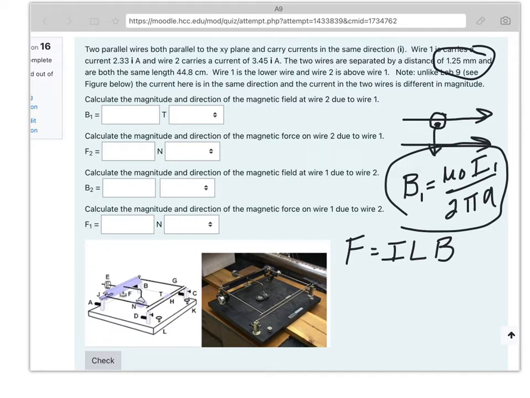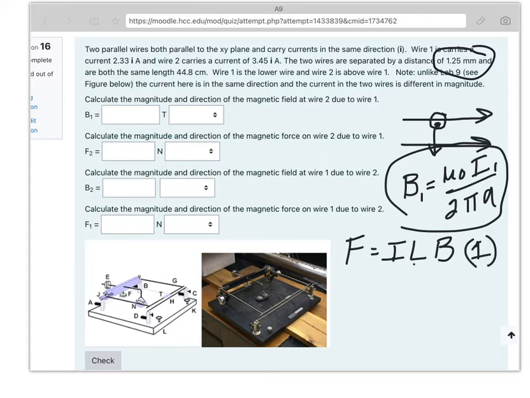This makes sense, right? In lab, the currents were in opposite directions, and the wires moved away from each other. So if the currents are in the same direction, the wire is going to move towards the other wire. It's going to be attracted. So the force is down, and the direction of the current and the field are perpendicular, so the sine of theta is 1.